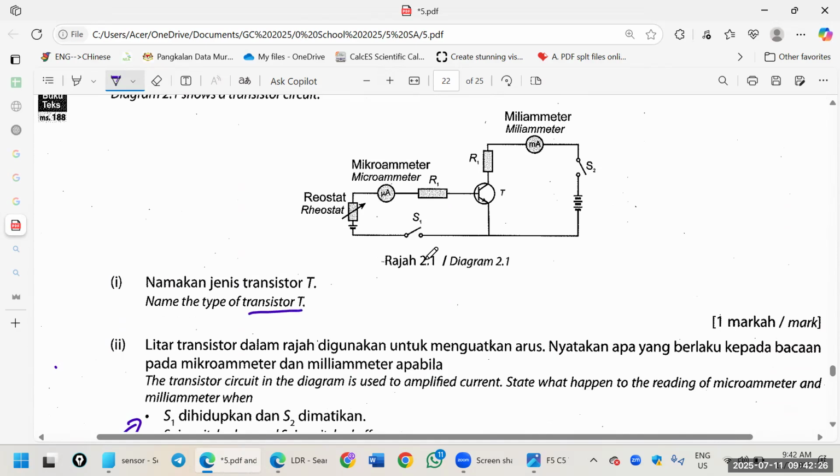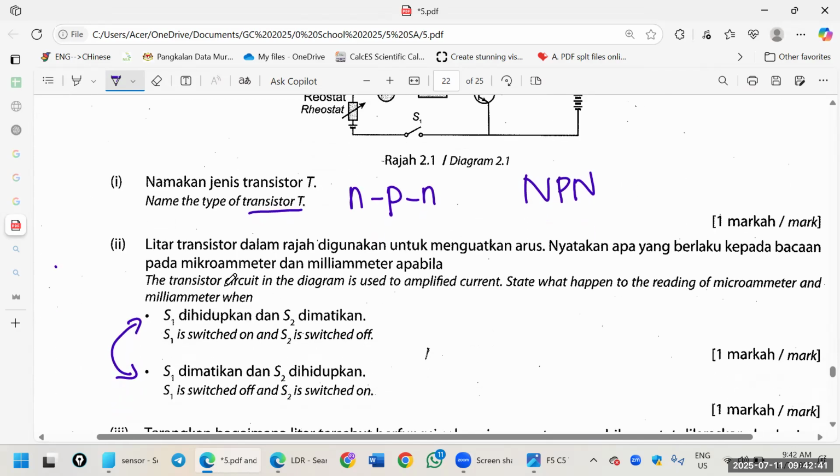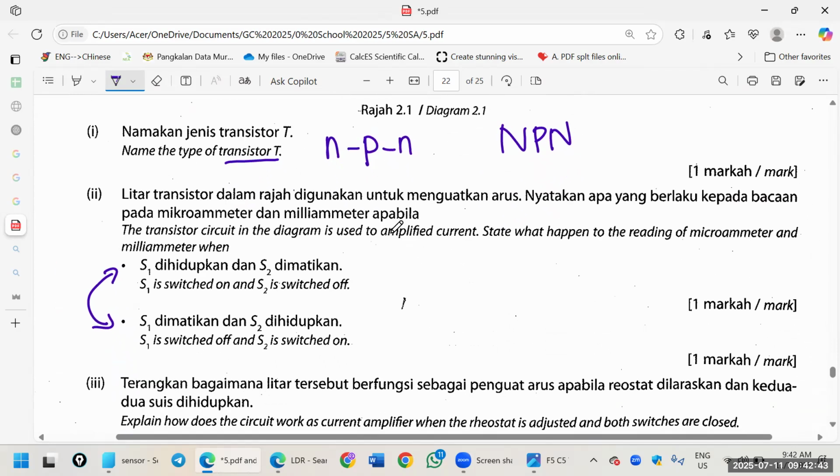Name the type of transistor T. Like Hakim? NPN, correct? Okay, if you want to write NPN, you write NPN, it's okay, don't worry. And now, the transistor circuit in the diagram is used to amplify current.